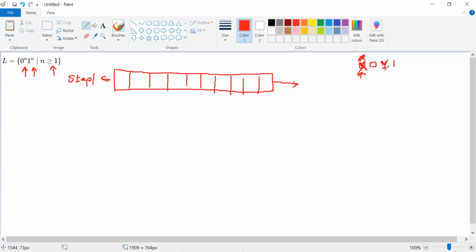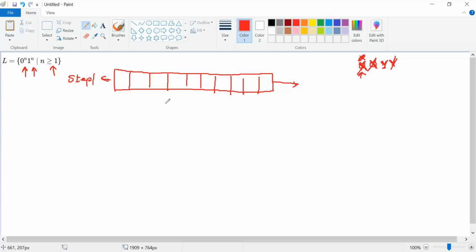Now we continue the same thing: we move left and find the next zero, cross it off, then move right and find the matching one and replace it with y. If there are no more zeros and ones when you scan the tape, then you can accept this string. So that's the idea. This idea we have to think and find.